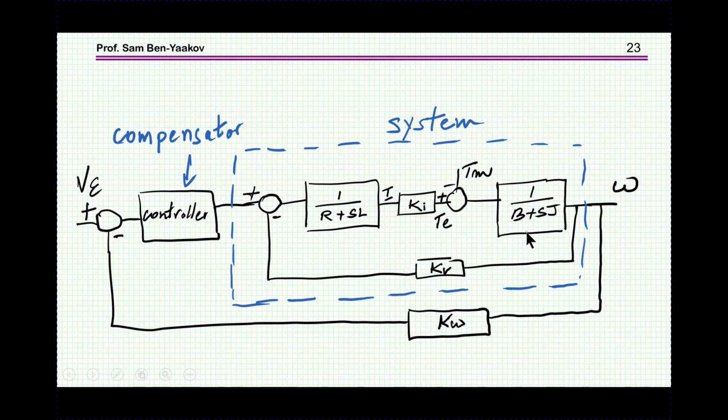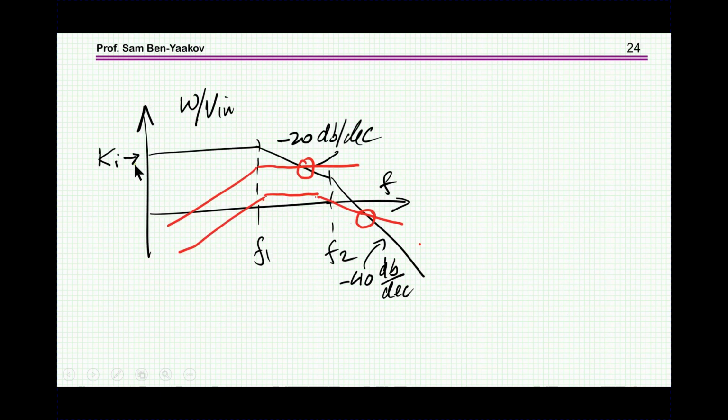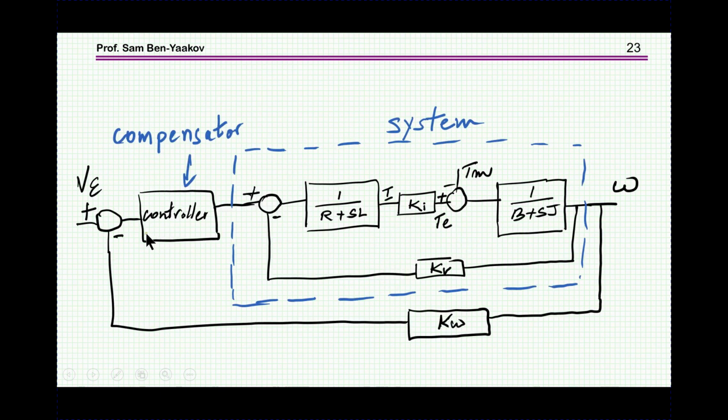This is now the motor, and this is now the outside feedback, just a constant. This could be also frequency dependent, but let's assume it's frequency independent. This is the loop gain, because the loop gain now is this part times this times this. So I'm taking this as given, here it is, and this is something that we have to come up with.